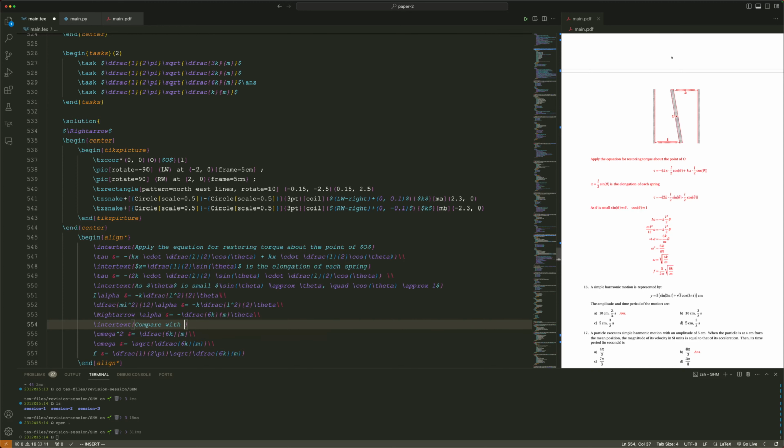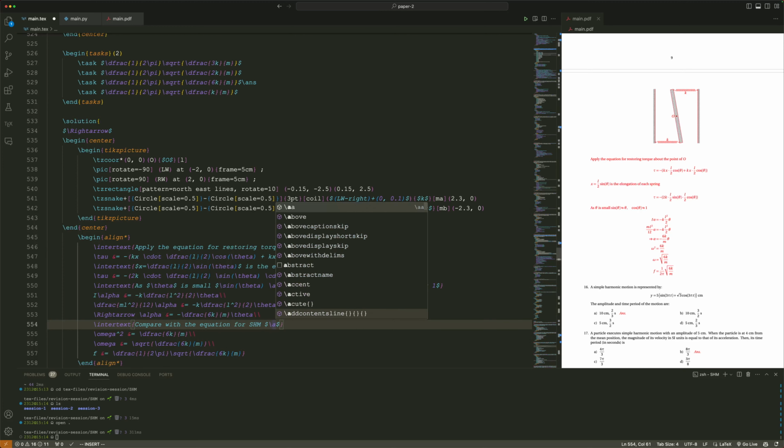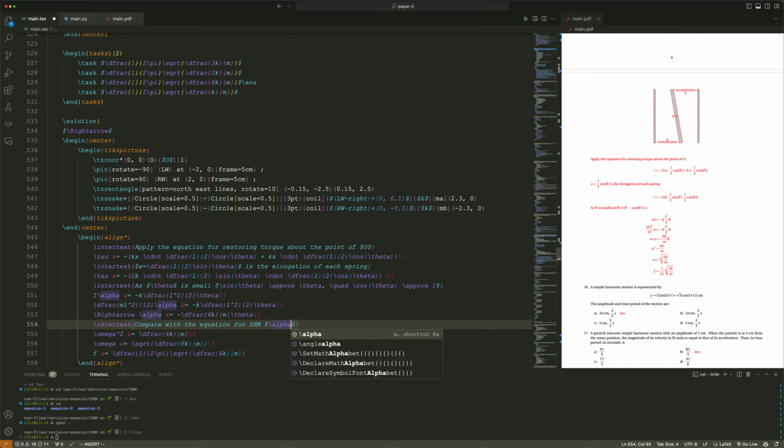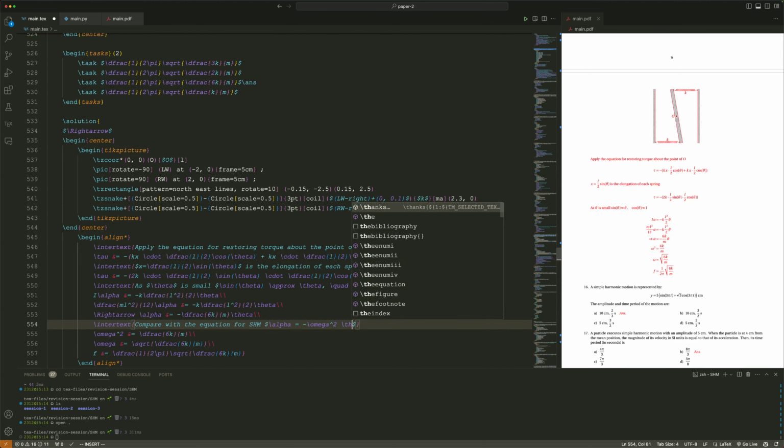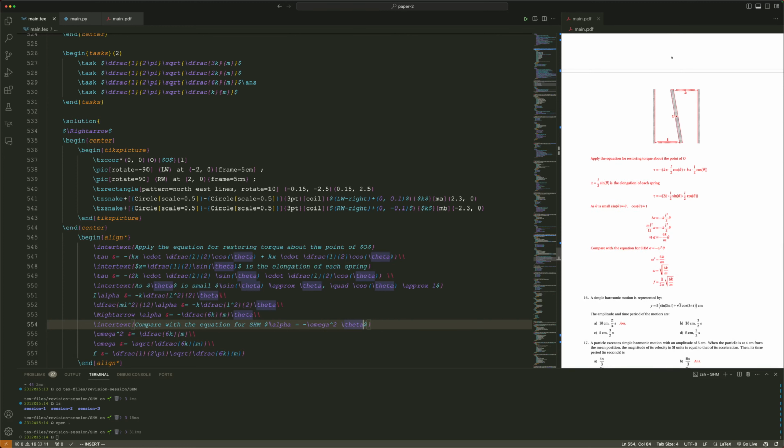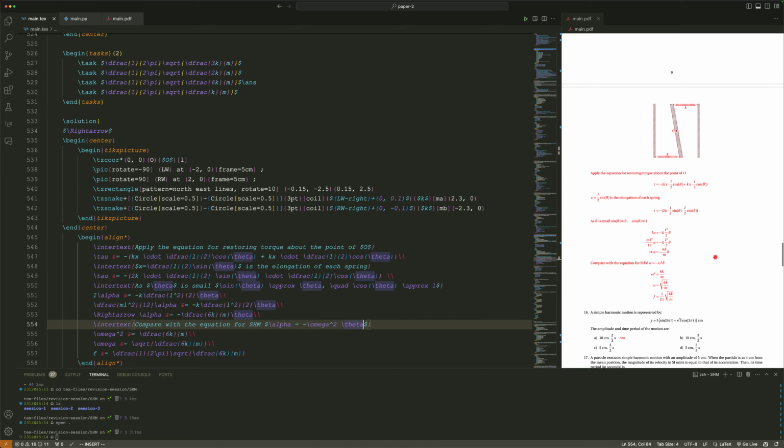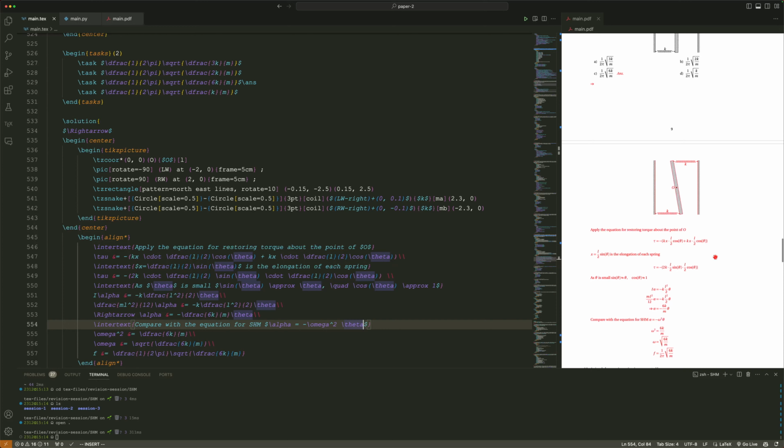We can put this equation, which is alpha equals minus omega square times theta. Yes, this is much better. Now compare with the equation of SHM, alpha is equal to 1. So yes, this is a better solution.